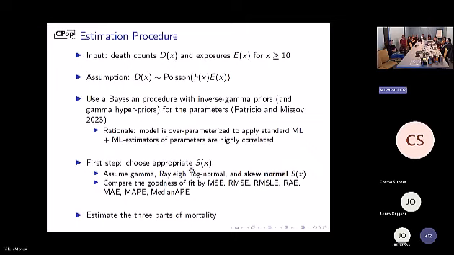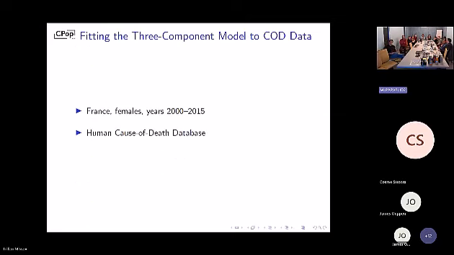And our first step was to choose an appropriate survival function. So we tried different candidates, and compared the goodness of fit according to different loss functions, and the winner was the skew normal distribution. So this is the distribution we picked up for our risk inclination function. And then we estimated 3 parts of mortality. So we did this for overall mortality to disentangle senescent mortality from all non-senescent components.